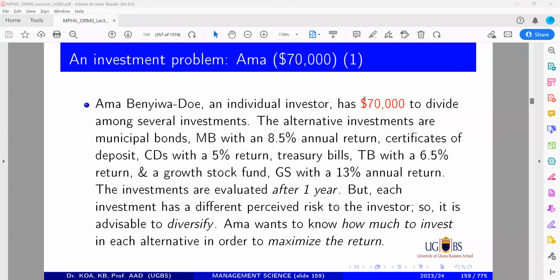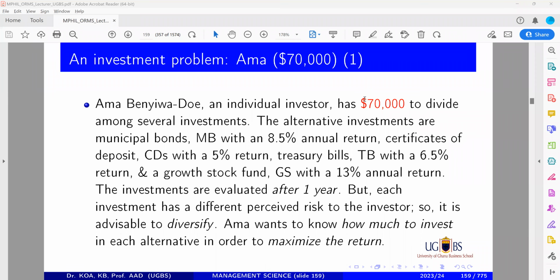Okay, so what are the decision variables here? So the decision variables are the municipal bond, which is MB. No, you can't say that. You remember one of our definitions of decision variable is that it should always come with the unit of measurement. Okay, so the percent. Don't say okay and leave it.